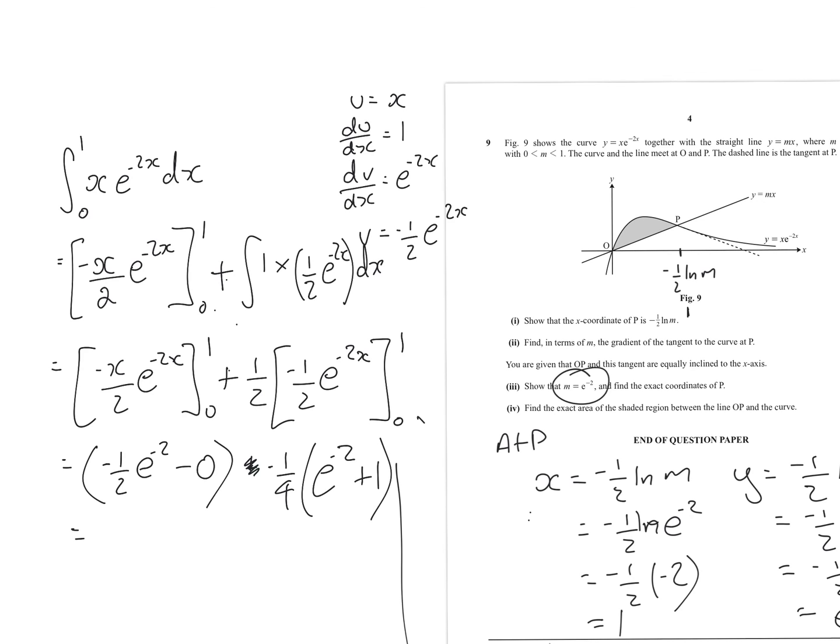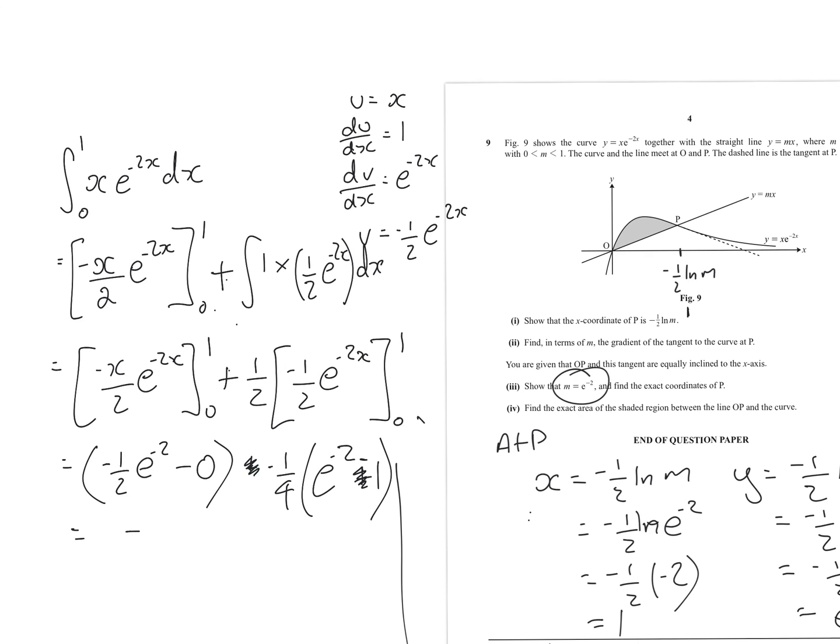So I've got, altogether, minus a half and minus a quarter. So I've got minus 3/4 and I've got minus a quarter. Sorry, that's a minus 1.